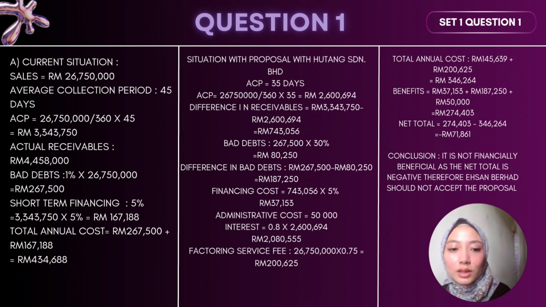So for the net benefits, we take 274,403, which is from the benefits, and minus 346,264, which is the total annual cost, and that gives us negative 71,861. So for the conclusion for this question, it is not financially beneficial as the net total is a negative value. Therefore, Ehsan Sdn Bhd should not accept this proposal.